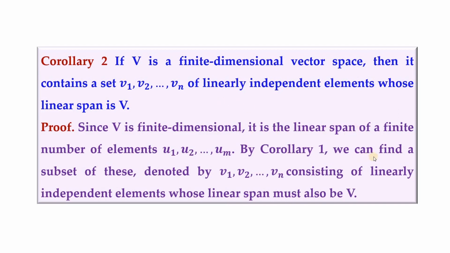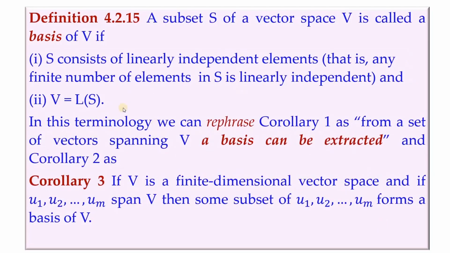Now by corollary 1, we can find a subset of these denoted by, say, V1 etc. Vn, consisting of linearly independent elements whose linear span must also be V. So by the definition of finite dimensional vector space, the corollary straight away follows.